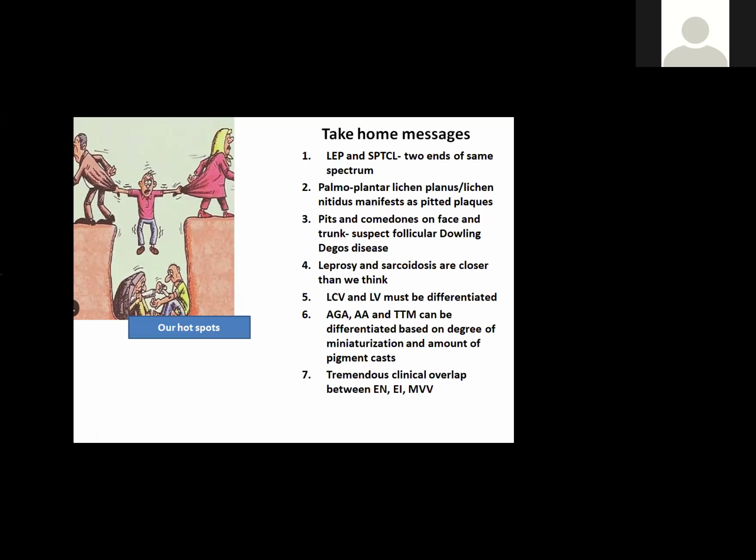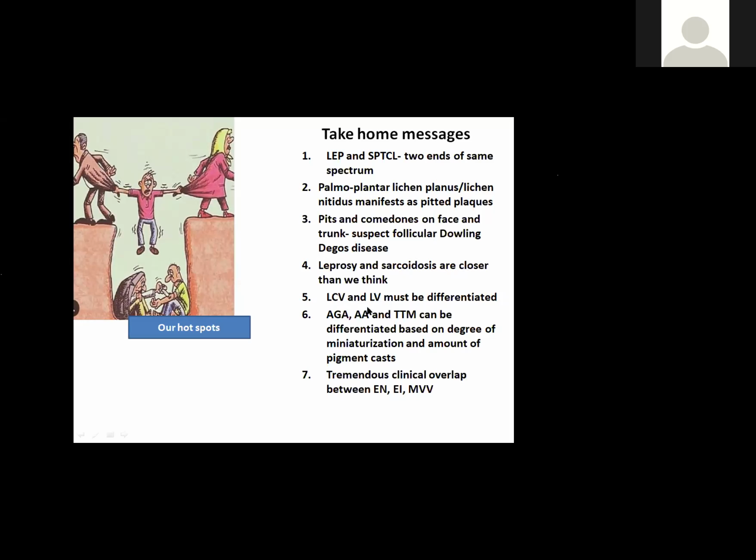Presence of pits and comedones on the face and trunk in an individual from early onset must be suspected for follicular Dowling-Degos disease, and one should examine this patient and screen all family members for evidence of conventional Dowling-Degos disease. Leprosy and sarcoidosis are much closer than we think.